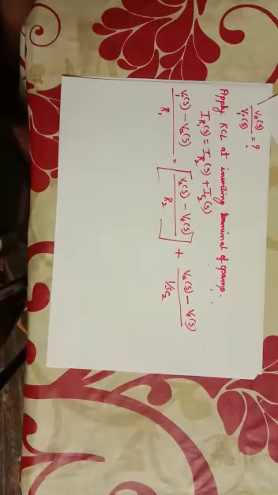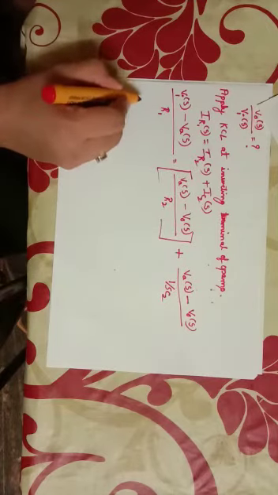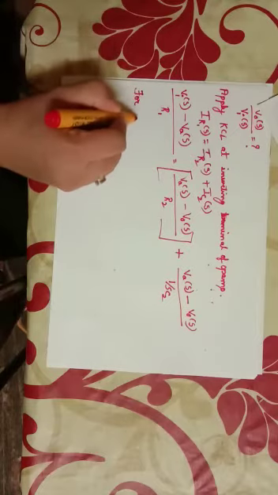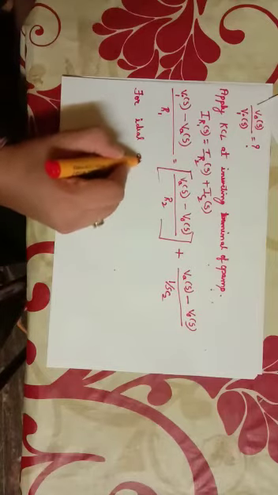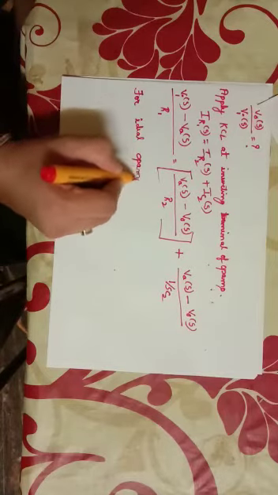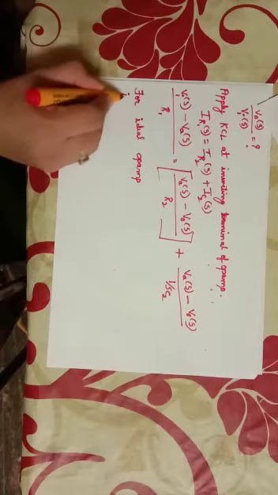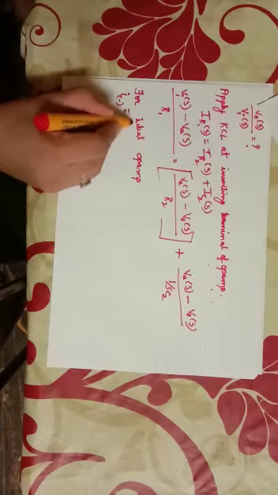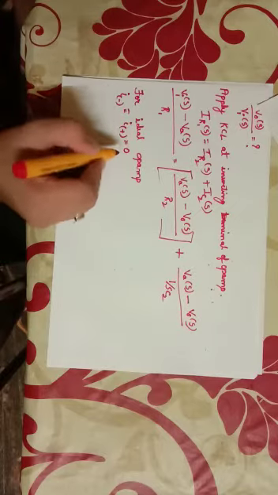Then for ideal op amp, current at inverting terminal will be equal to current at non-inverting terminal, that will be equal to 0.